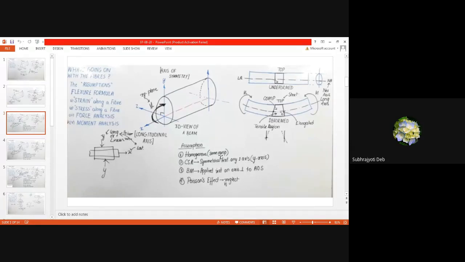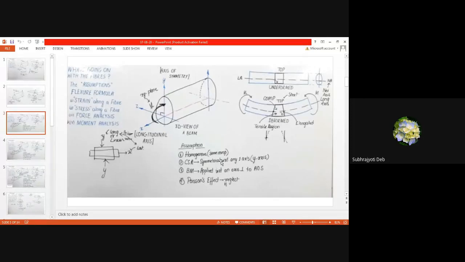Okay, that means homogeneous. Number two, the cross-sectional area is symmetrical with respect to only one axis, that is the y-axis. See, this is the cross-section of the beam and this is the y-axis. So the cross-section is symmetrical with respect to the y-axis.